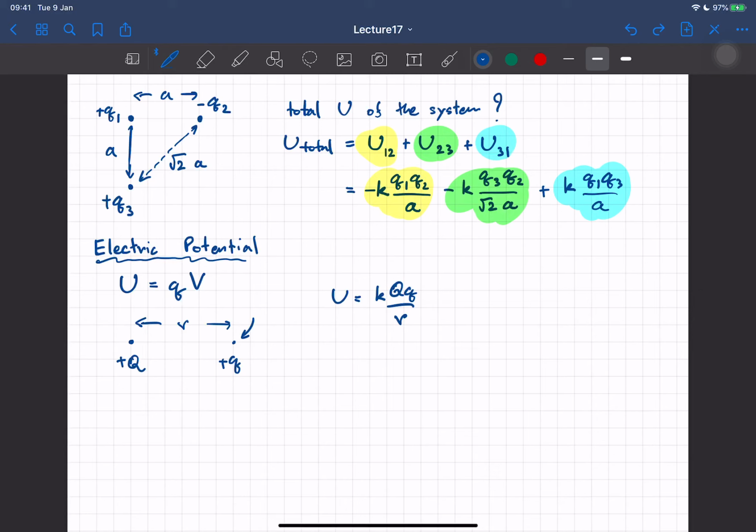We're going to say that this charge Q creates electric potential here, but I will just write potential. Create potential here. And then when you put in the second charge, small q here, that second charge, small q, interacts with this potential here and gives back the same potential energy.